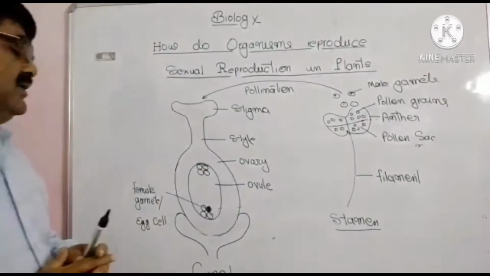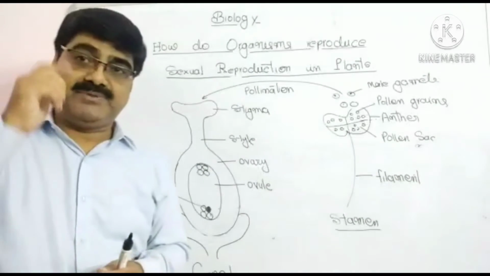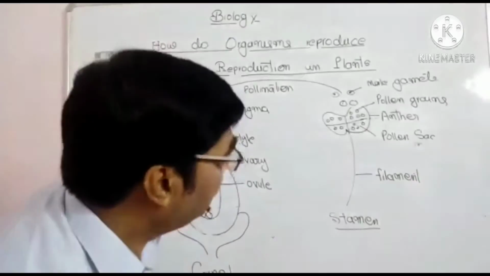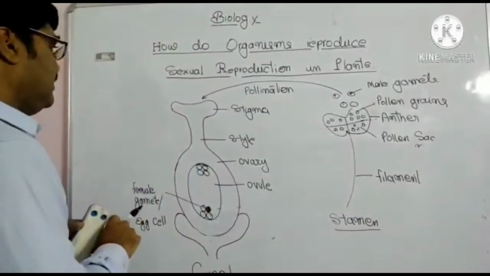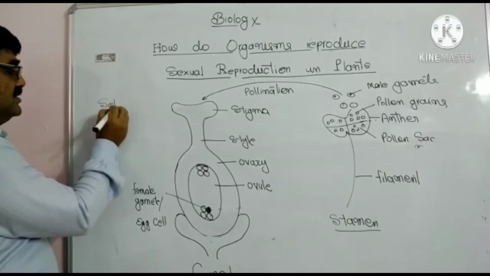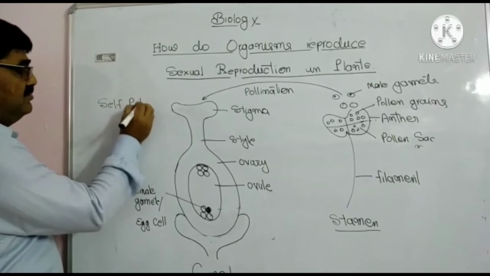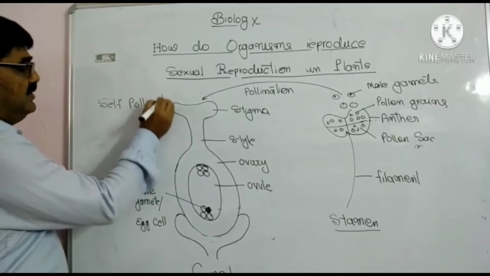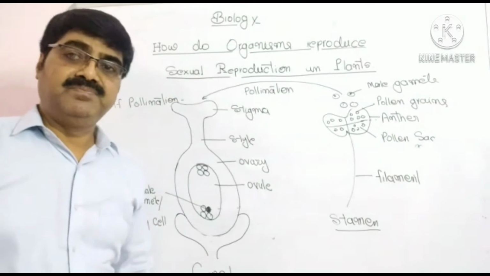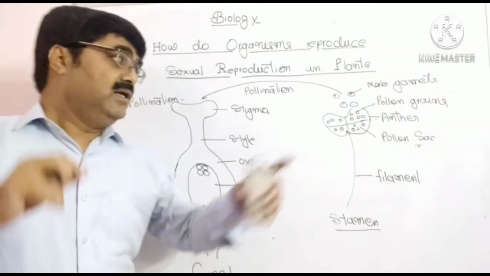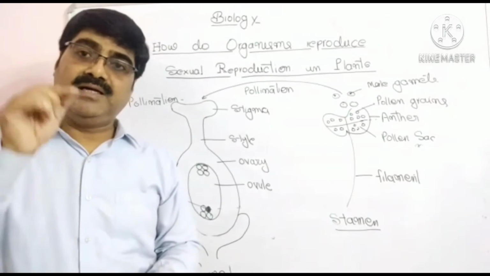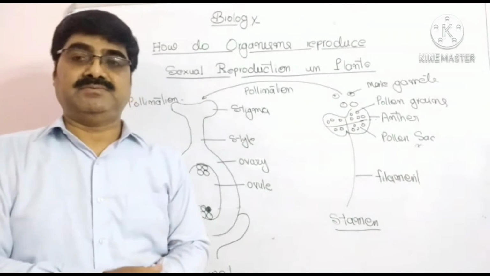Okay, and this pollination is of two types: self-pollination and cross-pollination. What is self-pollination? In self-pollination, the pollen grains are transferred from the anther of one flower to the stigma of the same or another flower of the same plant.